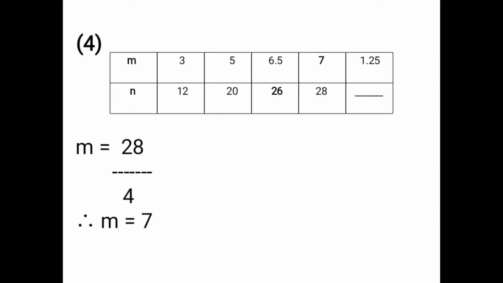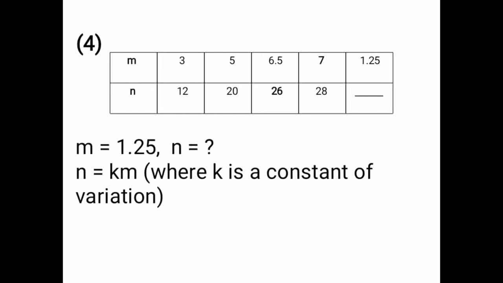Now we'll solve last column. M is equal to 1.25 and you have to find N. M is equal to 1.25, N is equal to question mark. N is equal to Km, where K is a constant of variation. You have to find the value of N. M is given 1.25. You have to substitute the value. M is equal to 1.25.